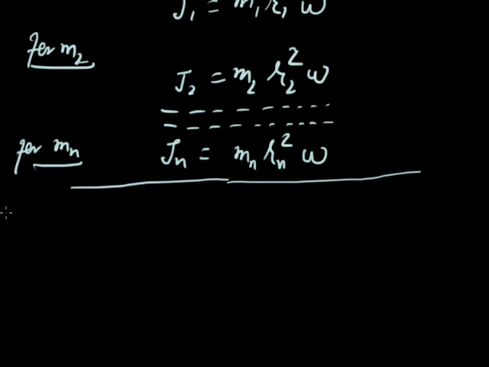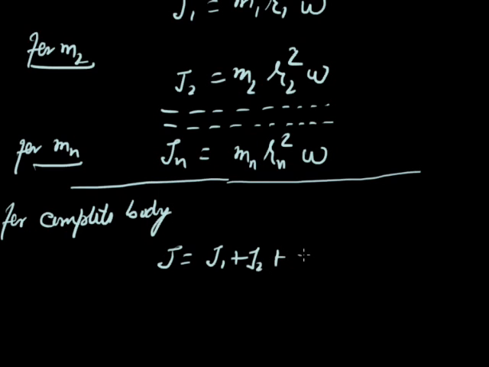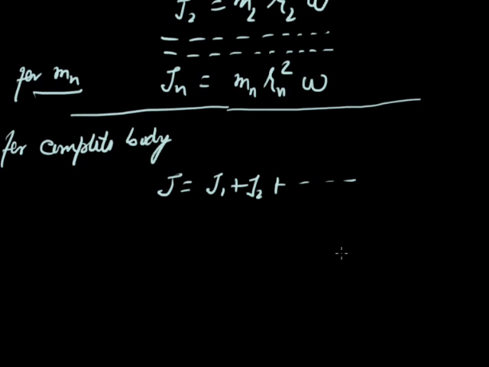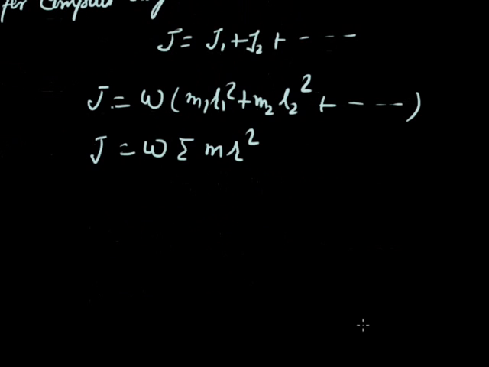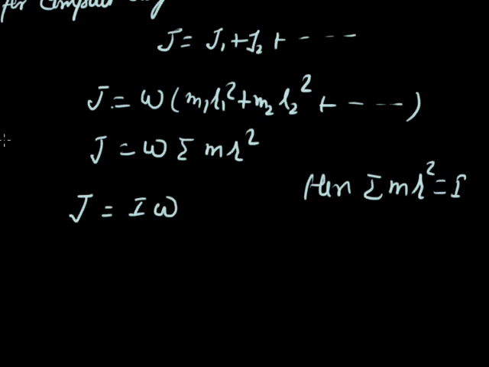So for the complete body, j will be j1 plus j2 plus and so on, or omega is common: m1 r1 square plus m2 r2 square, and so on. That's j will be omega and sigma m r square. Here sigma m r square is I, moment of inertia. So j will be I and omega.